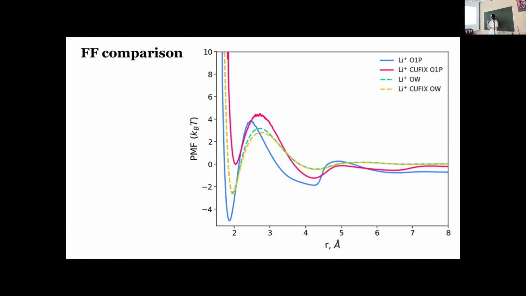So in this case, it's pretty hard for the lithium ions to dehydrate and bind to the phosphate groups. So here is also the question of whether it's a correct approach.